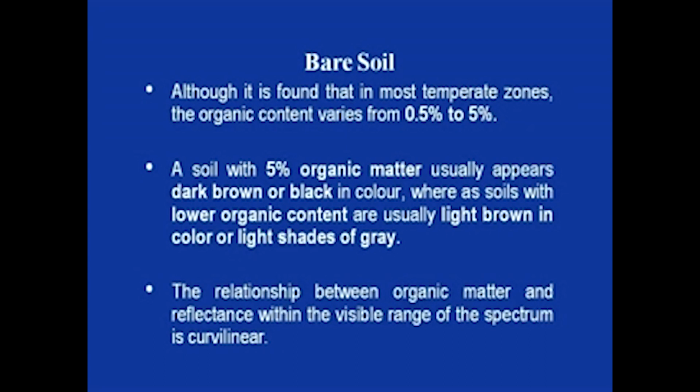A soil with about 5% organic matter usually appears dark brown or black in color, whereas soils with lower organic content are usually light brown in color or light shades of gray. The relationship between organic matter and the reflectance within the visible range of the spectrum is curvilinear.